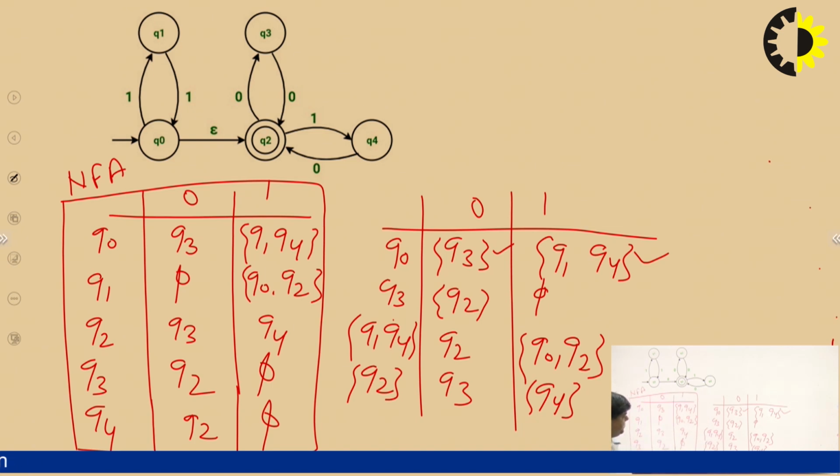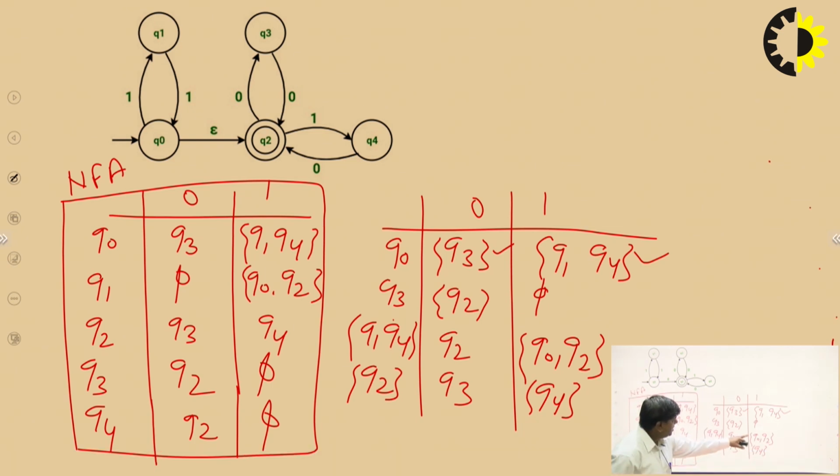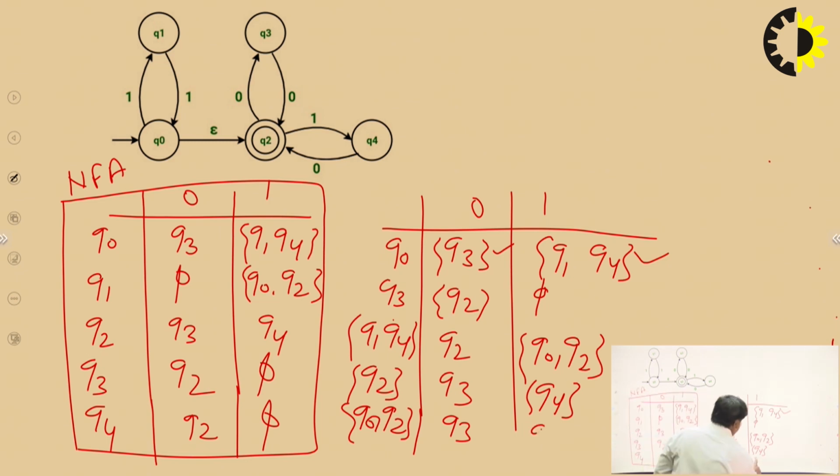Yes, Q0 and Q2 is a new state, considered as the next state. So Q0 and Q2 on 0 is Q3, no new state. Q0 and Q2 on 1 is Q1 and Q4, so this is also not a new state.